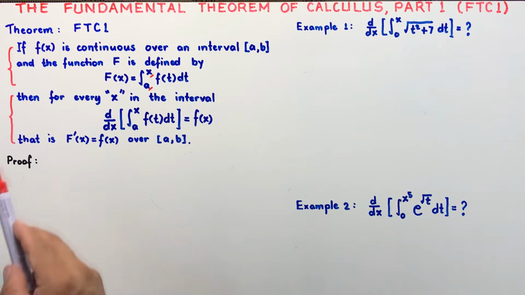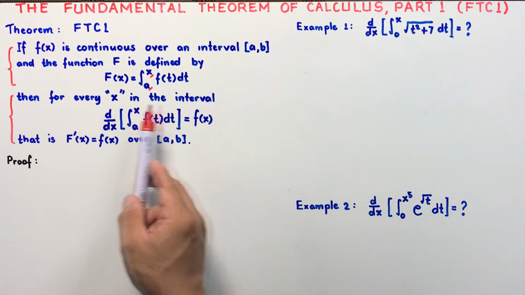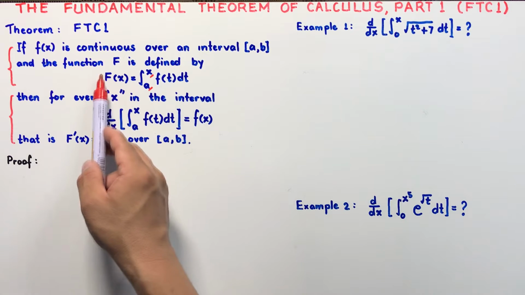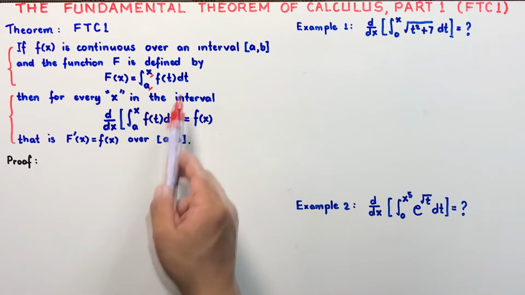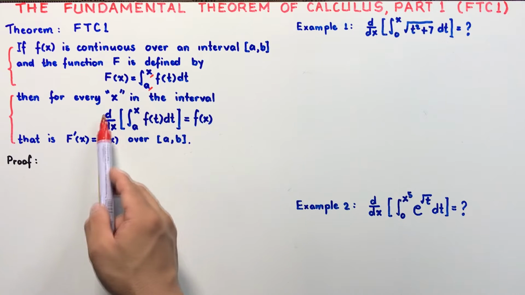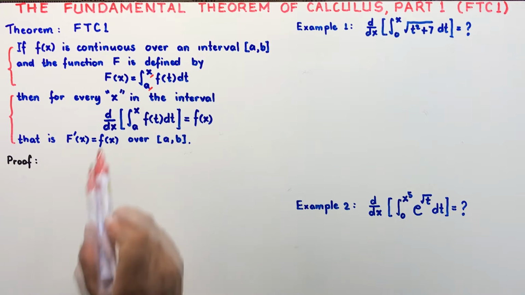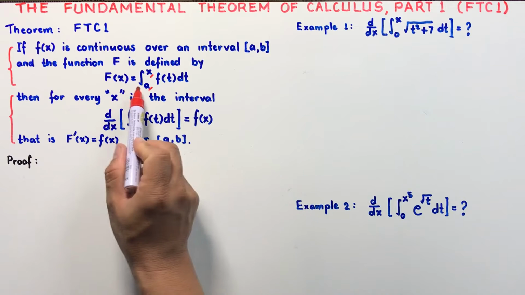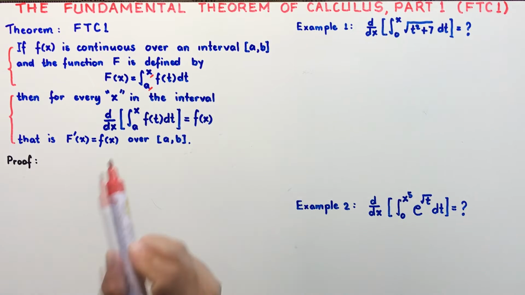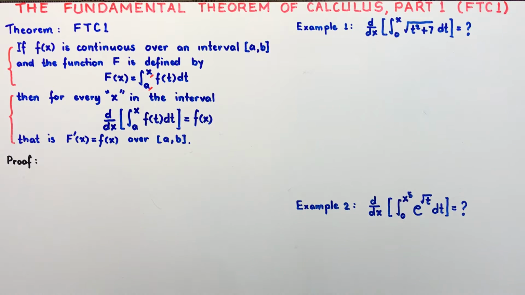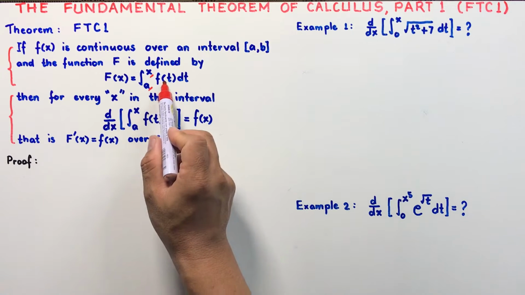Now in the conclusion, it states that for every x in the interval, the derivative of this big F of x, which is this one here, is the small f of x. That is saying that when you get the derivative of this integral, the result is the function inside this integration notation, which is the small f.